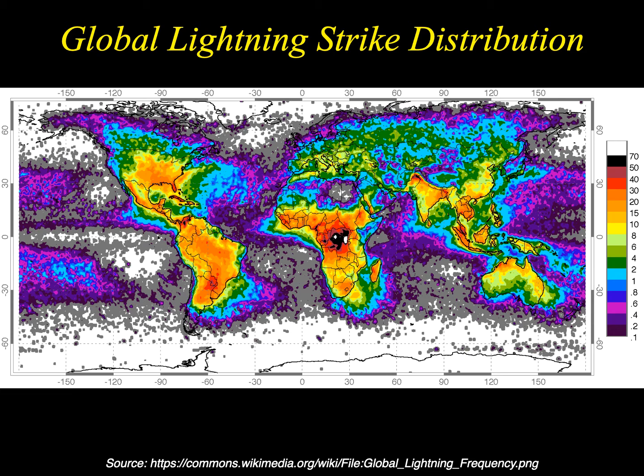So the maximum number of thunderstorms seems to be along the equator, especially over land. Africa is a real hot spot. Parts of Central America, Indonesia, and there's also large numbers of thunderstorms over northern South America, southeastern United States, most of Mexico, parts of Europe.